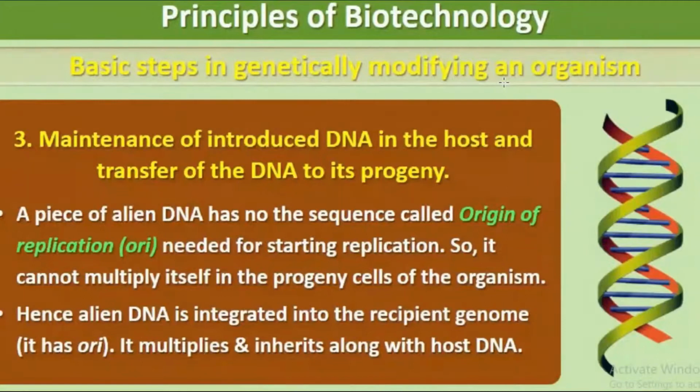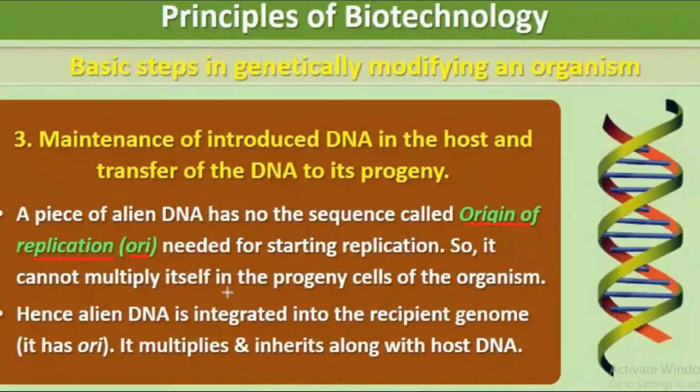A piece of aligned DNA has the sequence called origin of replication. Origin of replication means the place where the replication starts, otherwise known as ORI. A piece of aligned DNA has the sequence called ORI that is needed for starting replication.